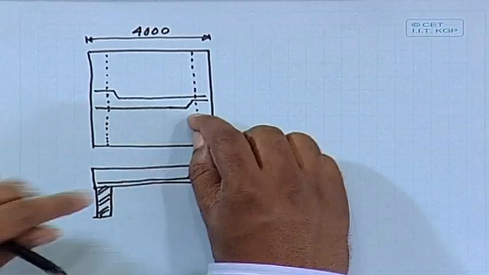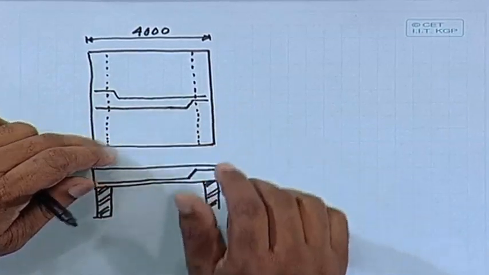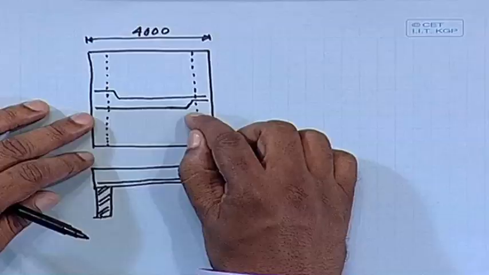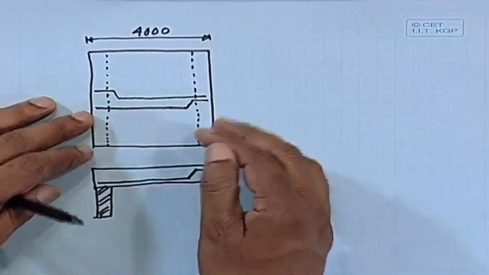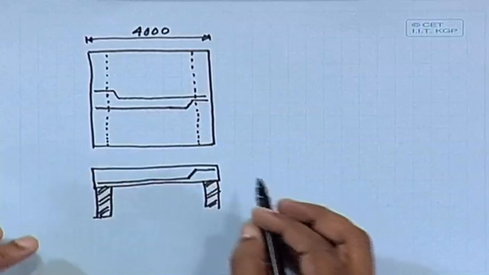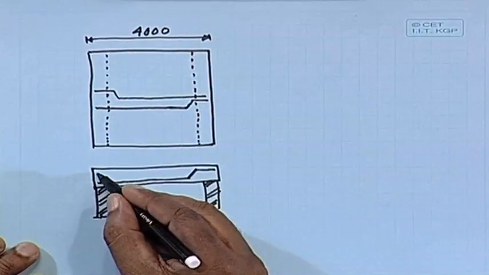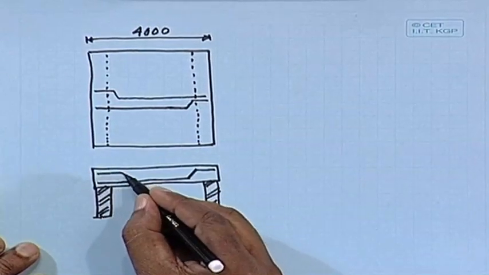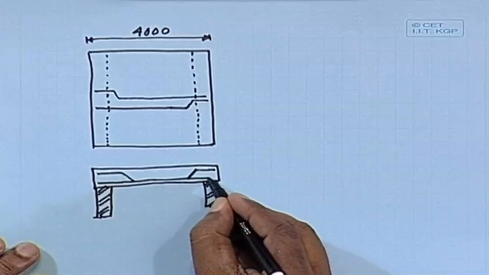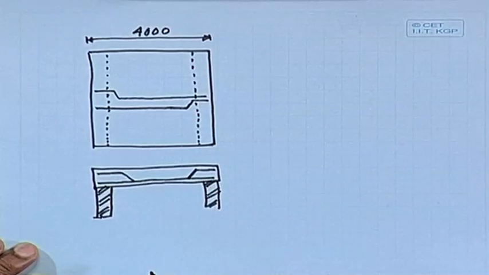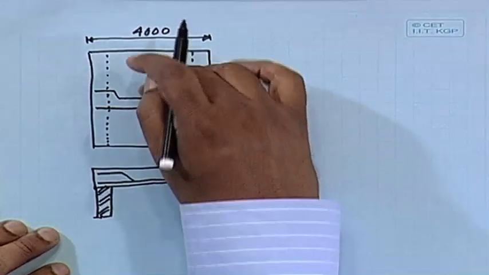So, it will be cranked on one side only. At the construction site they will crank on one side, but they will place alternately. So, I shall get the other reinforcement like this. This is your reinforcement and it will keep on going like that.